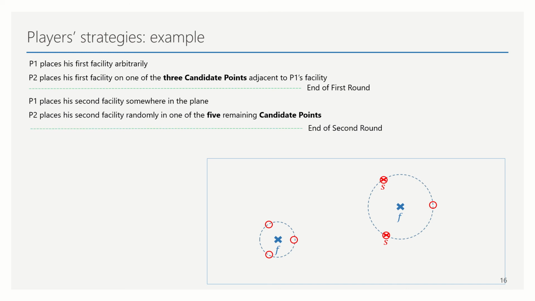Now let's see the expected payoff for P2. To do that, we need to draw the Voronoi diagram of the 6 existing candidate points.